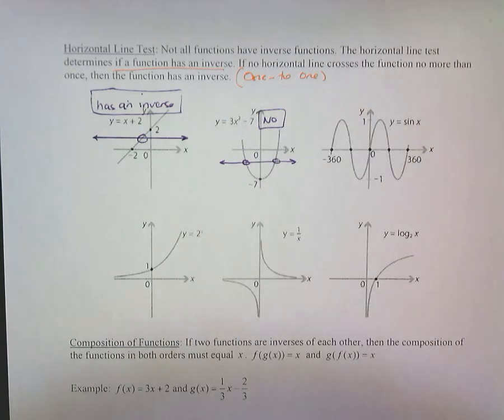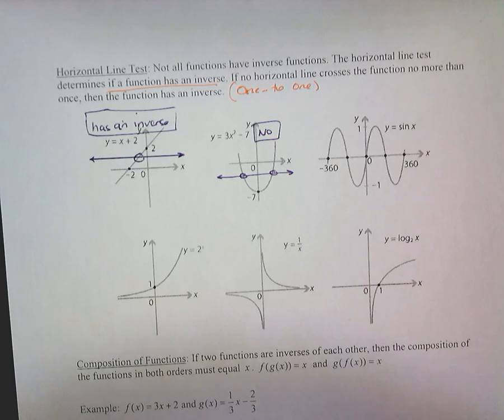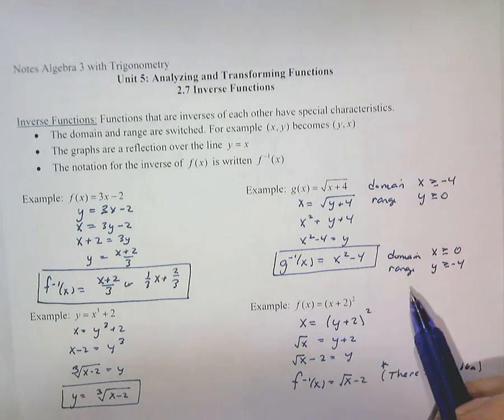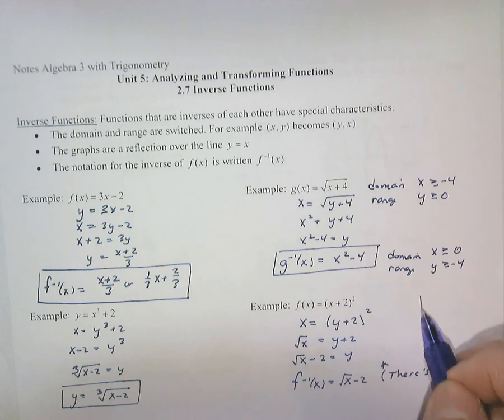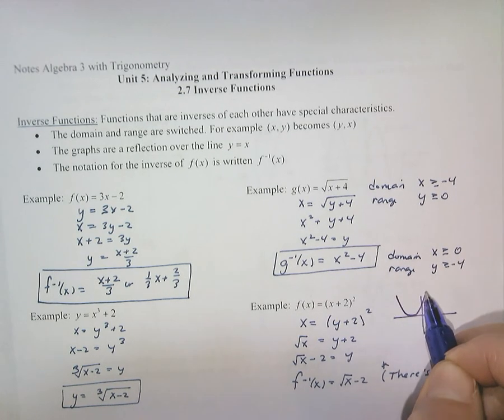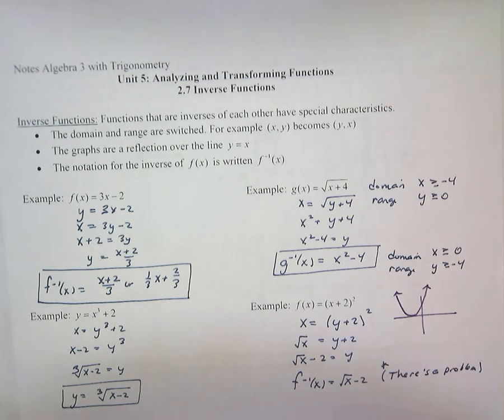Let's go back a second. This one right here, if I were to draw this, (x plus 2) squared, looks like this. If you drew a horizontal line through that, it's going to cross it in two places. That's why I knew it did not have an inverse function.